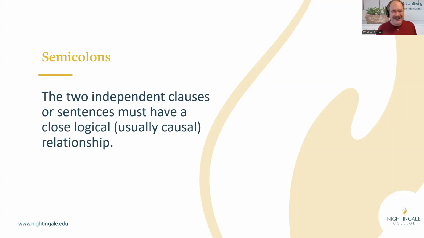All right, what's going on here? Well, the two independent clauses or complete sentences must have a close logical relationship, usually a causal relationship, to justify linking them with a semicolon. If there's not a close relationship, go for a period.